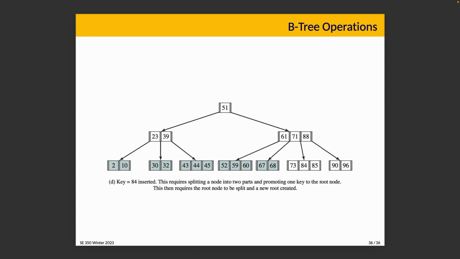The root node itself needed to be split and promoted, so now the depth of our tree has increased. That's kind of a long explanation, and hopefully now with a couple of worked examples about how the B tree works, it makes it a lot easier to understand the algorithm that we saw on the previous slides.